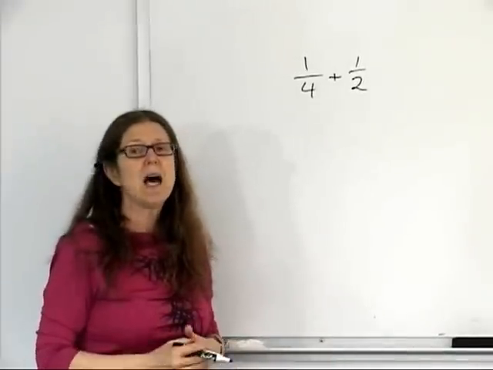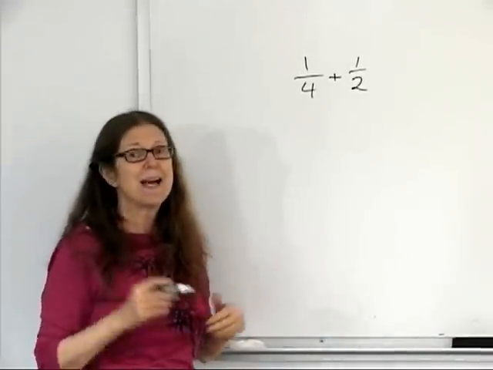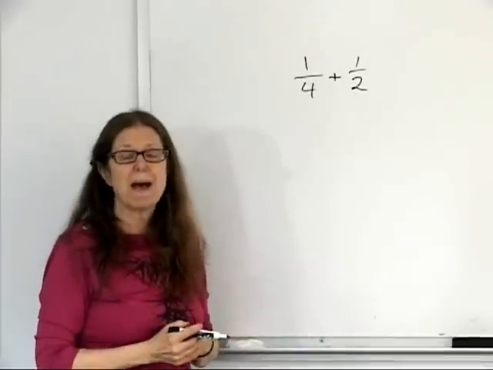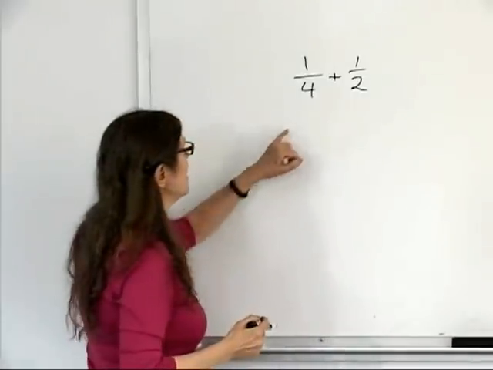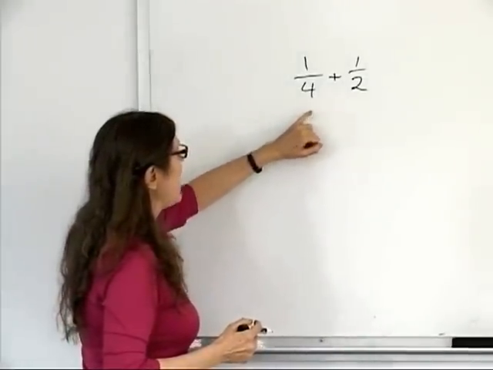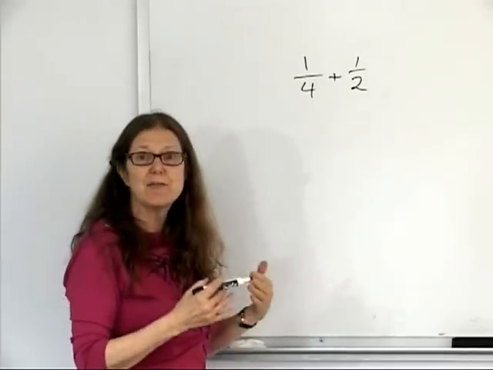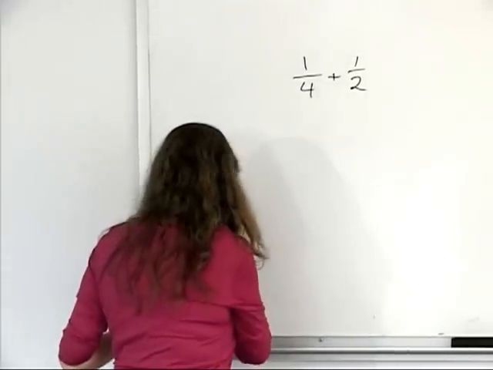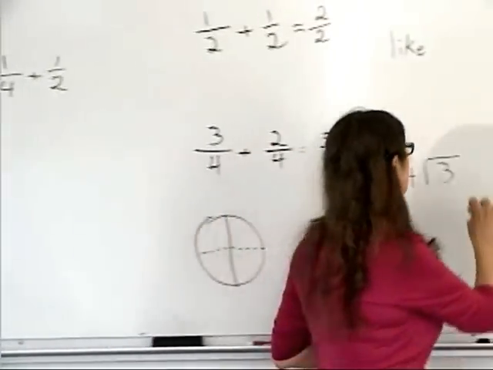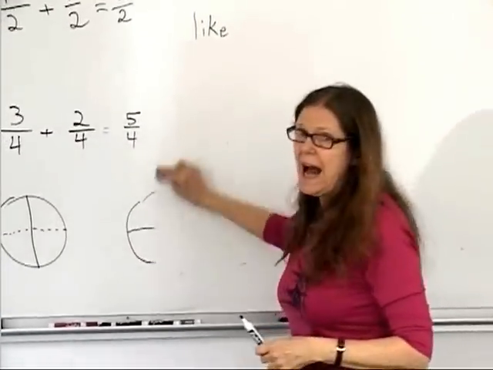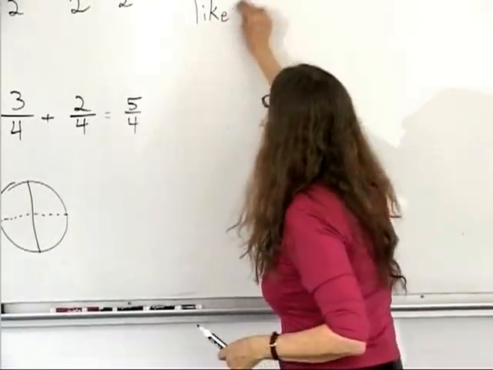Once we get the same denominator, we're talking about the same kind of thing, and then we can add directly just by adding the numerators. So how are we going to get this to the same denominator? In order to do that, I have to show you something else. I have to show you how to multiply fractions.